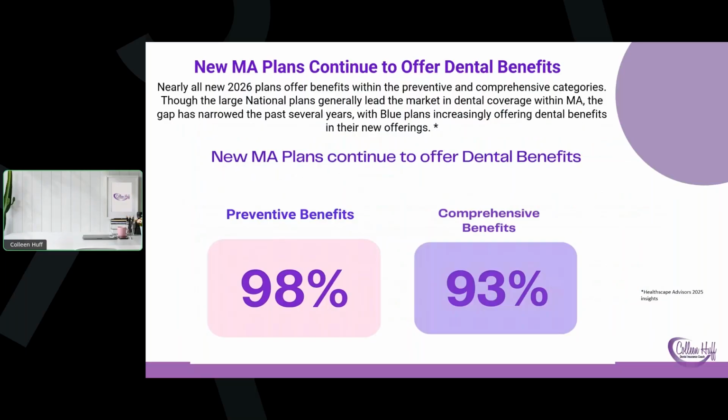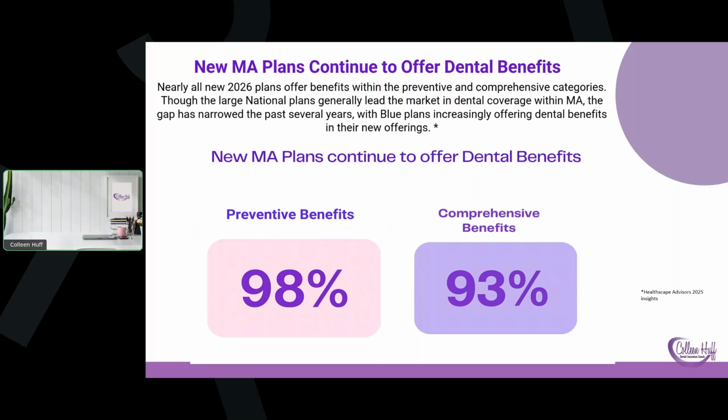Nearly all offer benefits within preventive and comprehensive categories. Preventive benefits is back up to 98%, offering preventive, but comprehensive is down to 93. Last year, preventive was 98, comprehensive was 94, I think. So they're kind of flip-flopping a little bit on that.